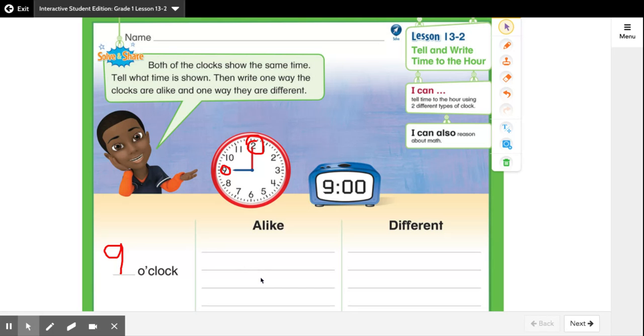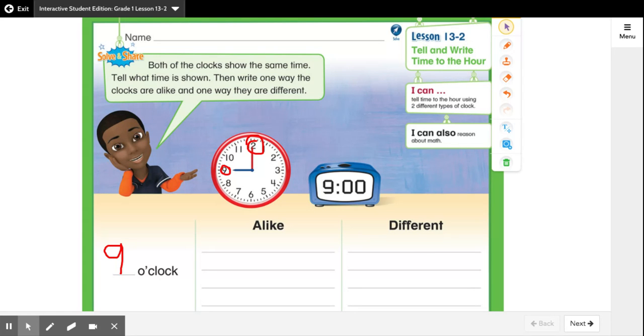All right, so how do you think the clocks are the same? How do you think an analog and digital clock are the same? If you said maybe that they both tell time and both have numbers, okay, great job. That's a good answer. How about different? How are they different?